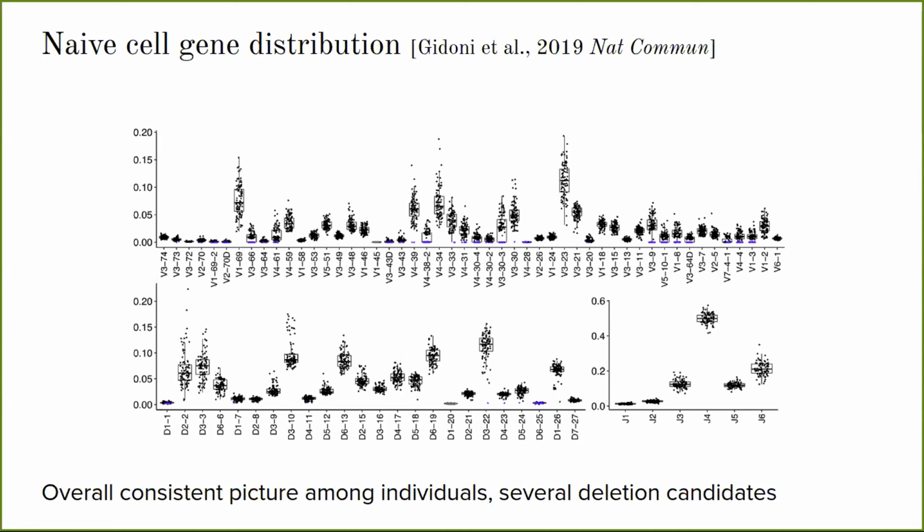What we saw is an overall consistent picture of the gene usage for all individuals, but in some genes we see a sort of bimodal distribution. We can see it, for example, in V39.